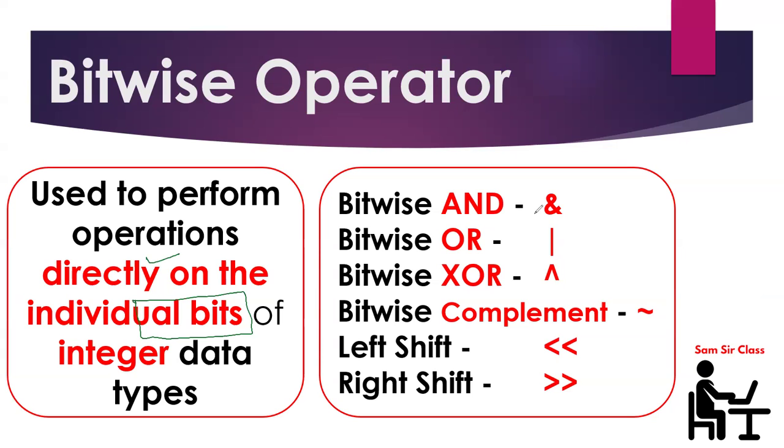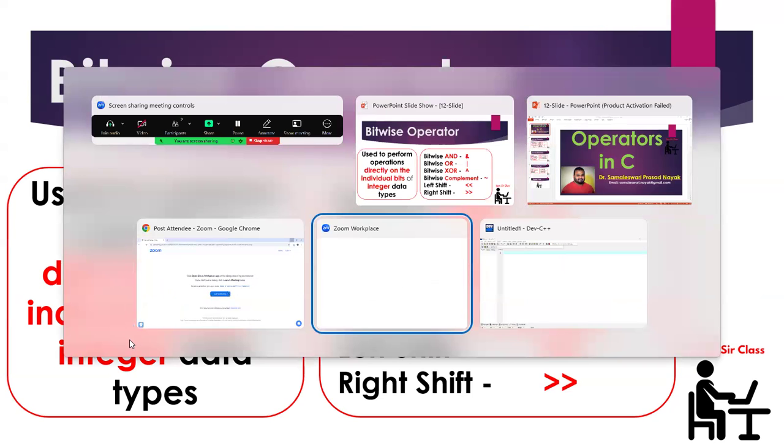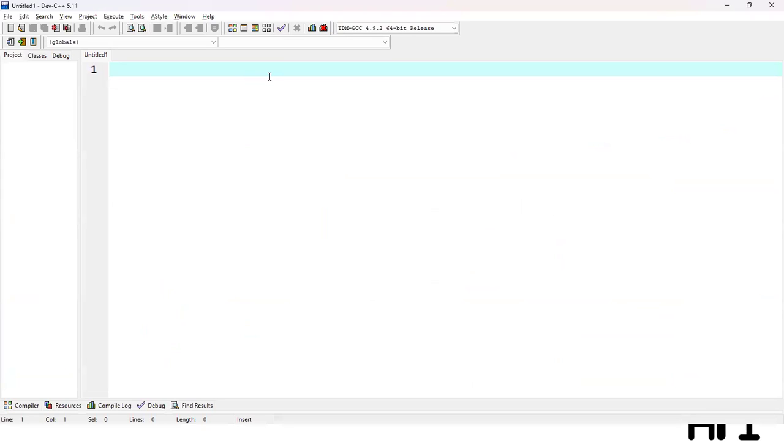Okay. Now, what do you mean by the bitwise AND operation, OR operation, XOR and complement? Let us consider one example and we can understand the real use of this particular operator. Normally in mathematics, we have seen the bit AND operation: operand 1, then operand 2, and then the resulting bit.